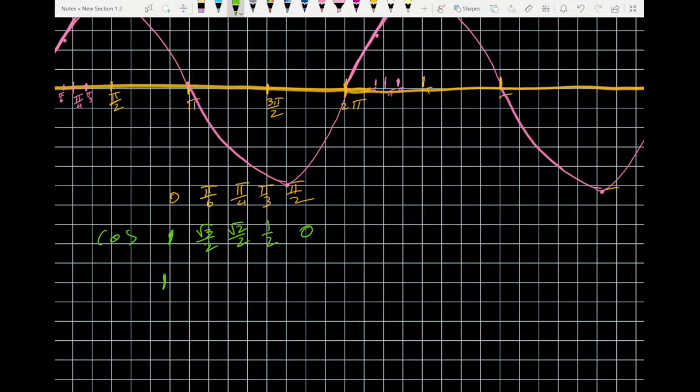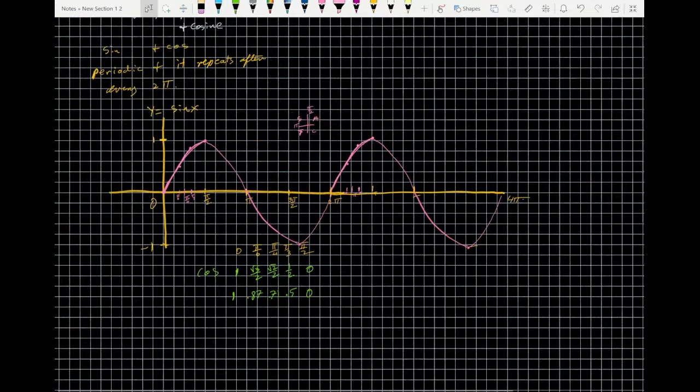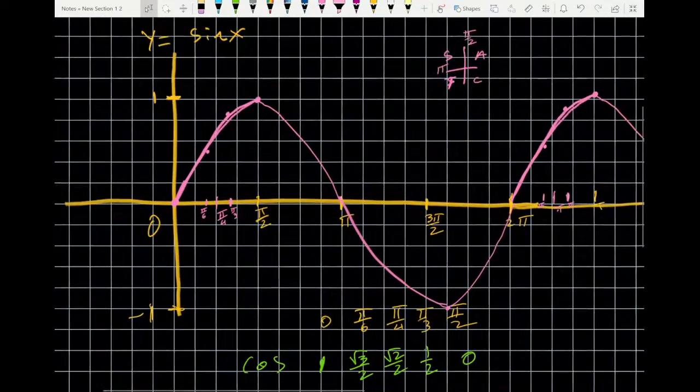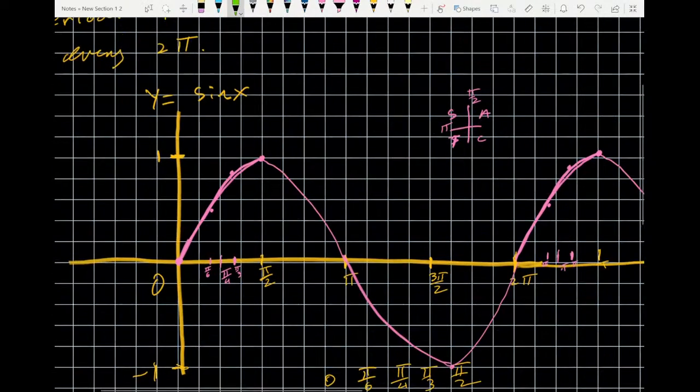So in terms of decimals, you get 1, 0.87, 0.71, 0.5, and then 0. So if you're drawing it for cosine, y equals cosine of x, you start over here, and then you go right over here, right over there, right there. I'm going to do it a little bit better.